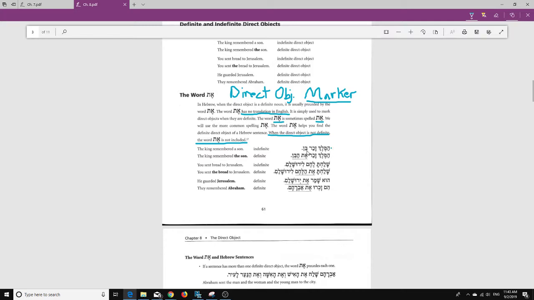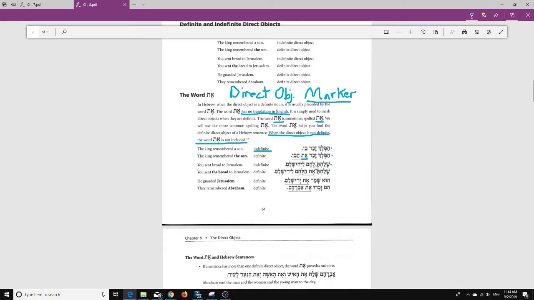Hamelech zakar bain. So this is indefinite because bain is not definite, is what we're looking at in this case. Hamelech zakar et habain. So when bain becomes definite with the article here, then we can put et in front of it. All right? So here we go again.